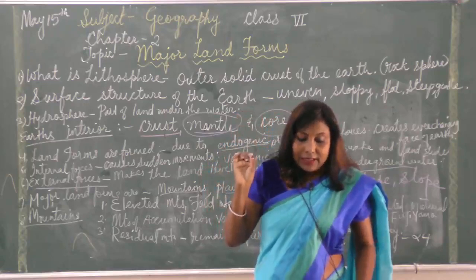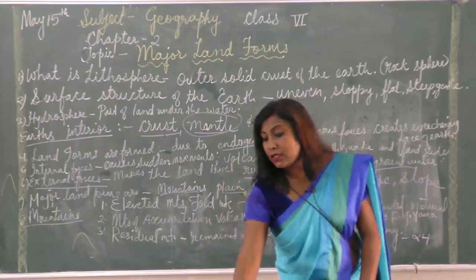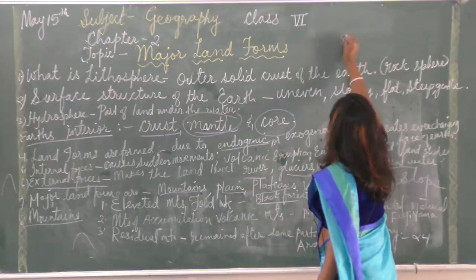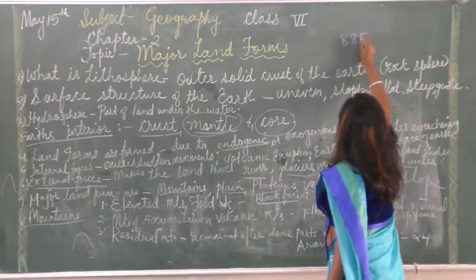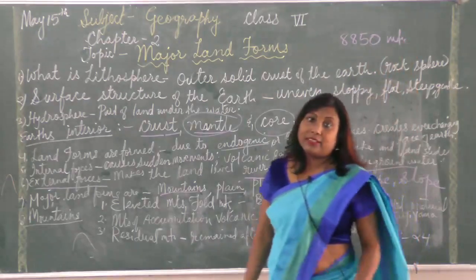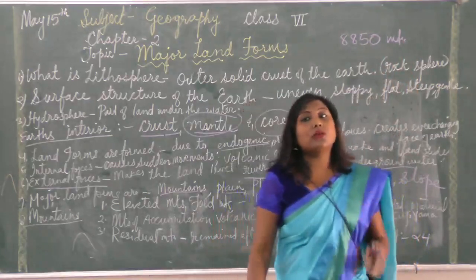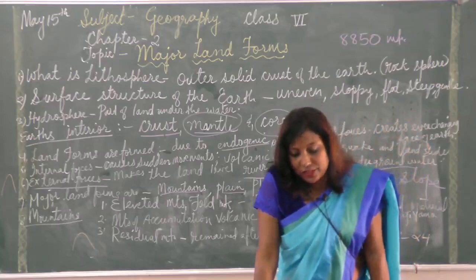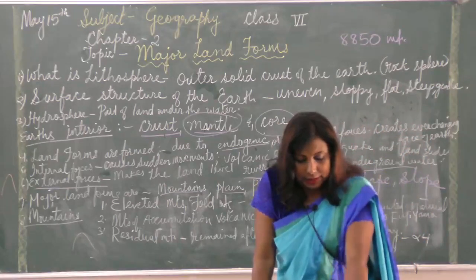What is the height of Mount Everest? It is 8,850 meters above mean sea level. And most of the mountains have an average height of about 4,000 meters.